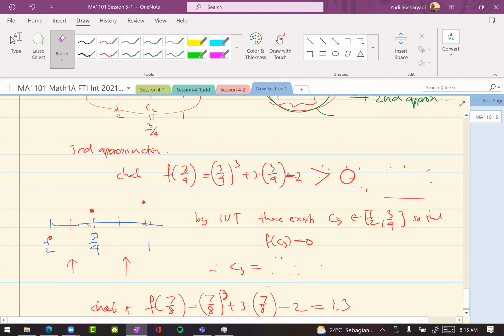The 1/2 is 4/8, so the middle is 5/8. Okay, 5/8 plus minus 1/8. There we go.